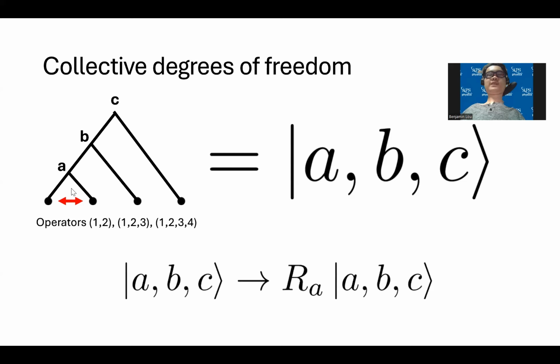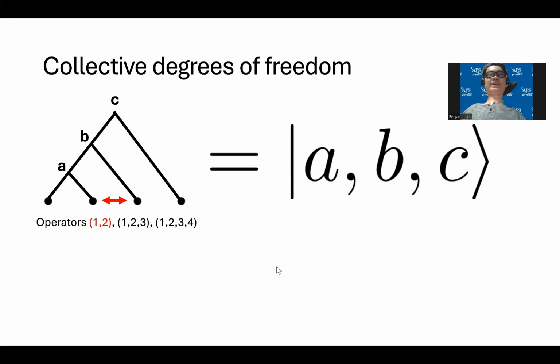It just puts a phase on each of the eigenkets, which depends on A. On the other hand, this swap is a little harder to characterize because this swap is not going to commute with this operator here.